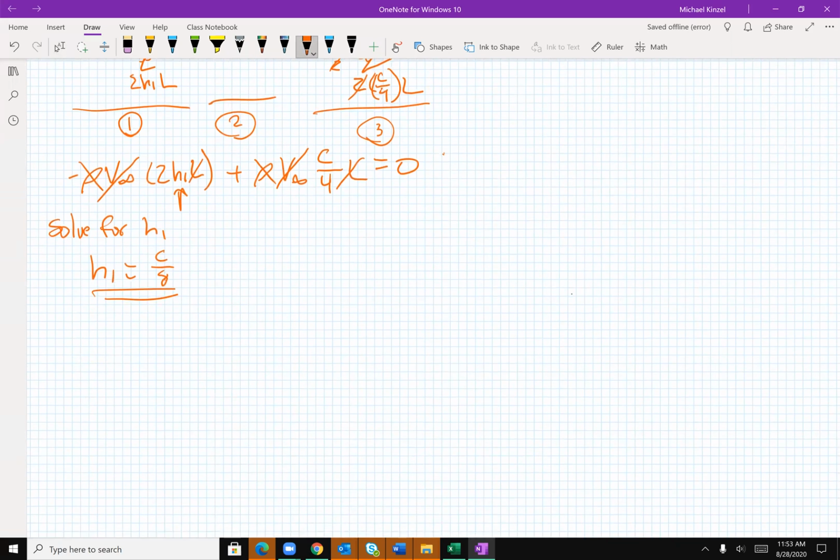Now we have enough to move forward and go to the conservation of momentum. What does this do? Yields drag.